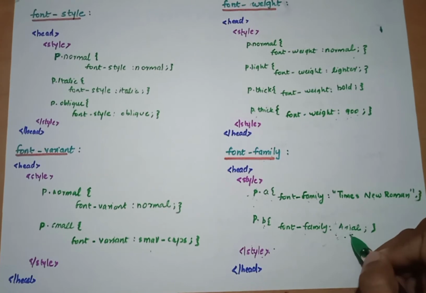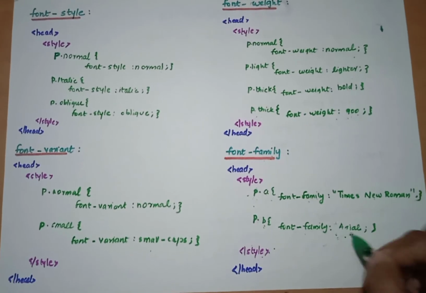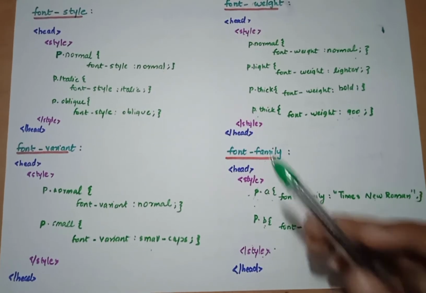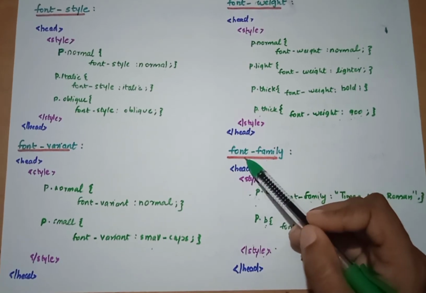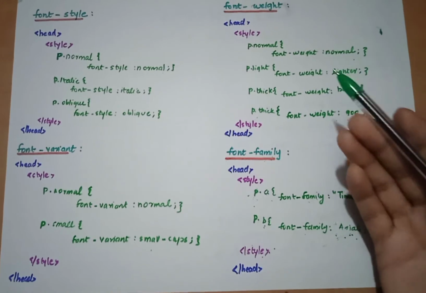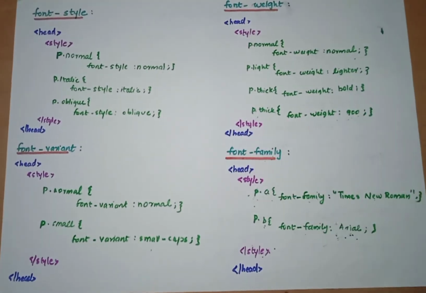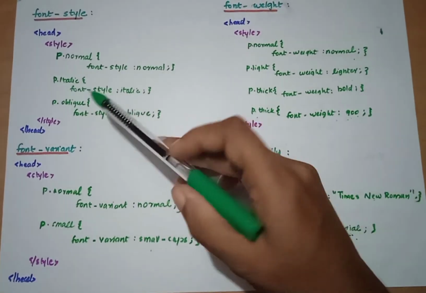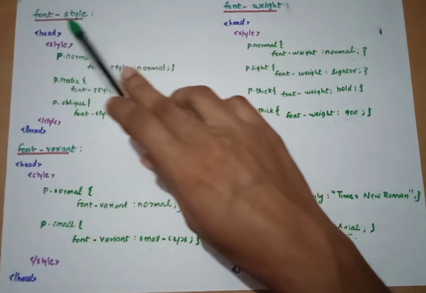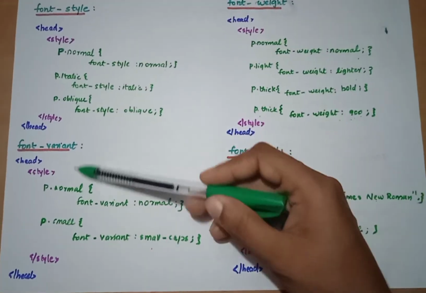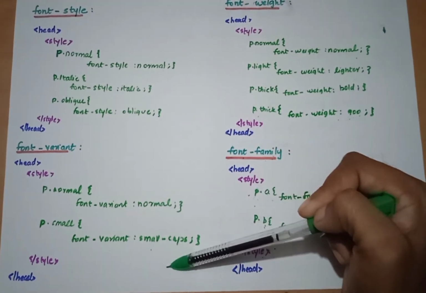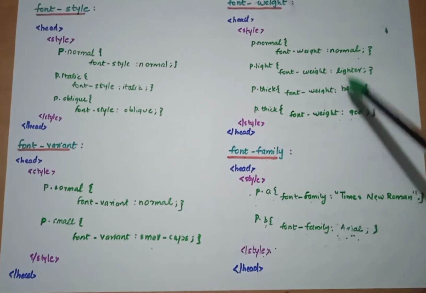That's all. Okay, so also we have a single CSS attribute, just font, for which you can simply add all these values together, as we have used everything: font style having some of these values, font variant having some values, and also font weight having some values.